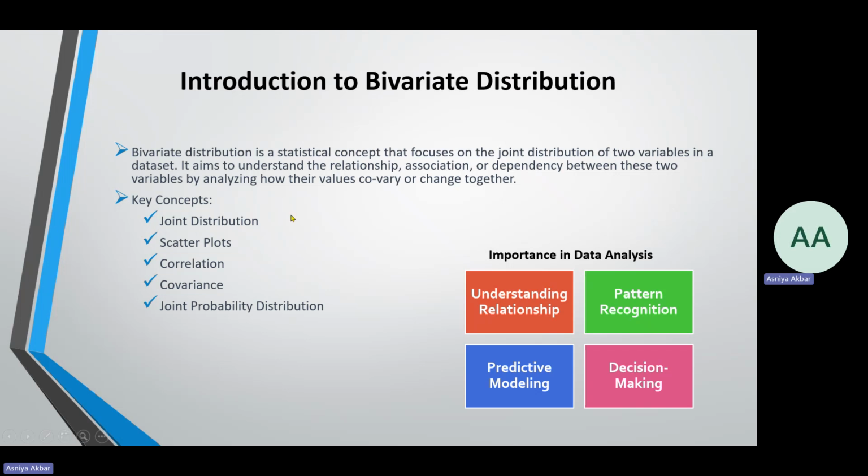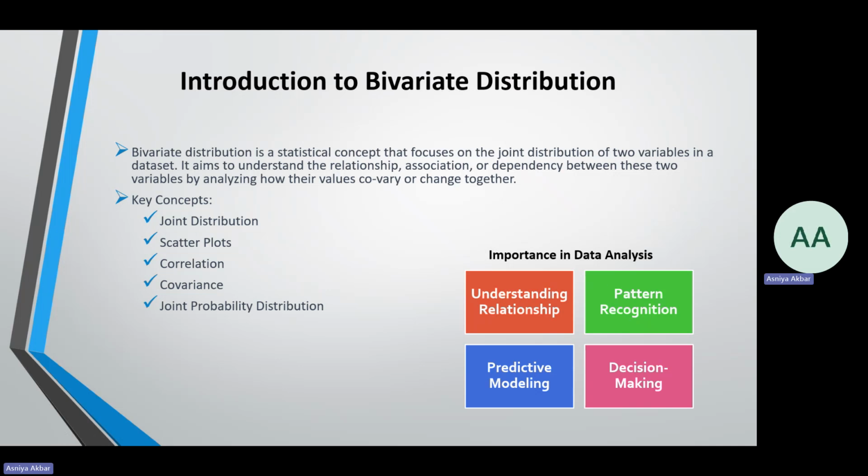Firstly, joint distribution. Joint distribution represents the probability distribution of two variables considered together. Scatter plots are a graphical representation that displays individual data points in two-dimensional space, allowing for visualization of a relationship between two variables. And correlation measures the strength and the direction of a linear relationship between two variables, and ranges from -1 to 1.